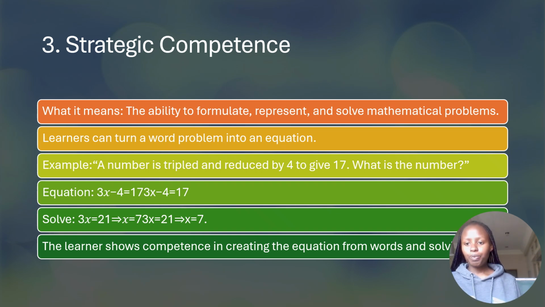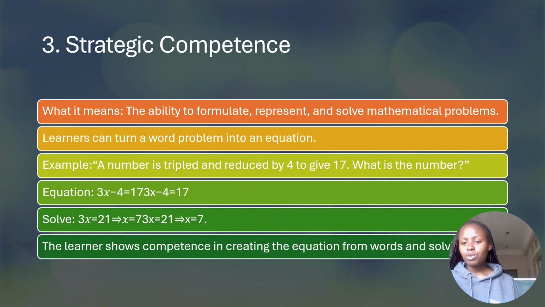So, for example, take a problem in a taxi: if a taxi charges 20 rand as a base fee, and 10 rand for each kilometer, and the total fee is 70 rand, how many kilometers would be traveled?